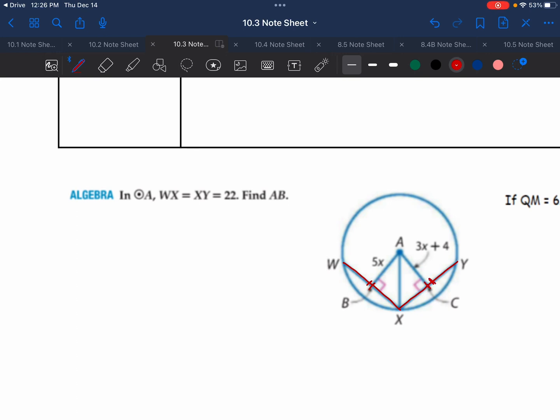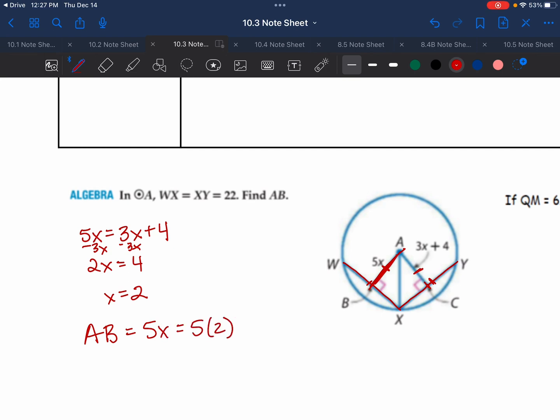So if the chords are congruent, that means they're the same distance from the center, meaning AB is congruent to AC. So that means 5x equals 3x plus 4. So if I solve this for x, I get x equals 2. We want to find AB. AB is 5x, so it's 5 times 2, so AB equals 10.